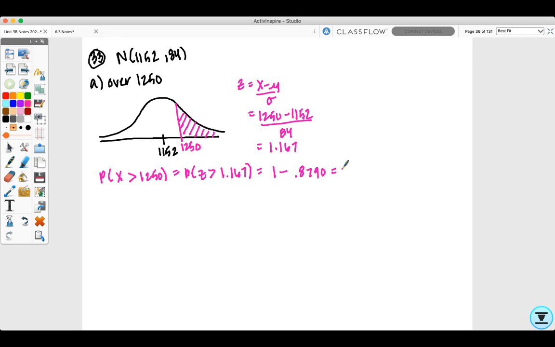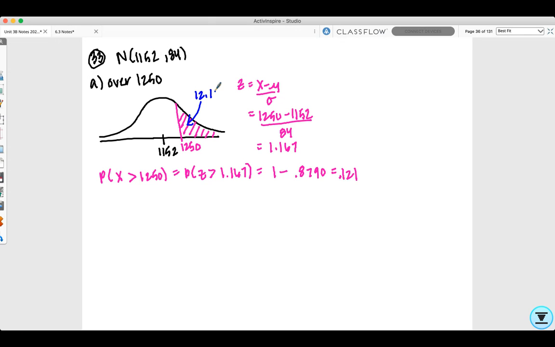And that would give me about 0.121. So your final answer, according to the model, means this area here is about 12.1%.